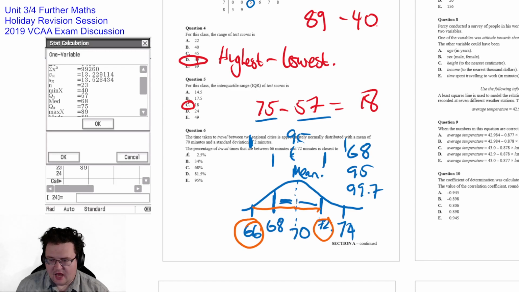All right. It can't be 2.5 because it clearly covers more than a single standard deviation from the center. It's clearly not 34 because this here is 34. 68 would be a standard deviation either side, and 95 would be 2 standard deviations either side, which it clearly isn't.